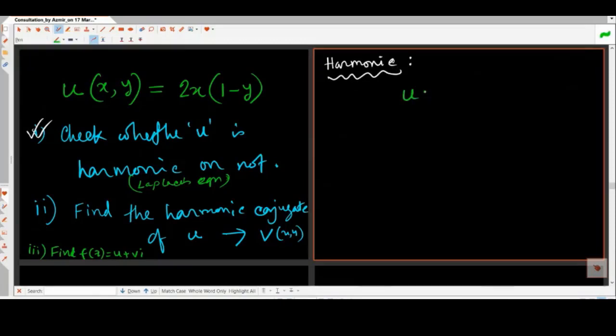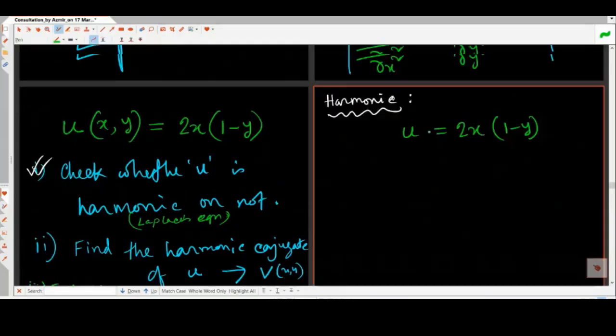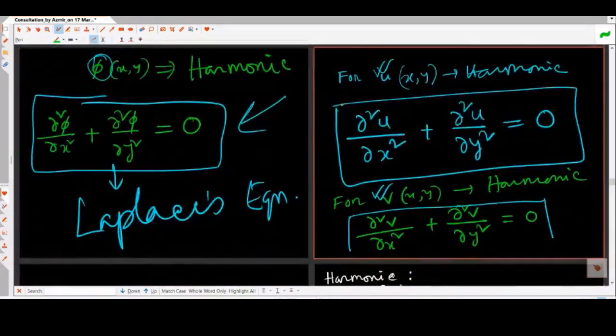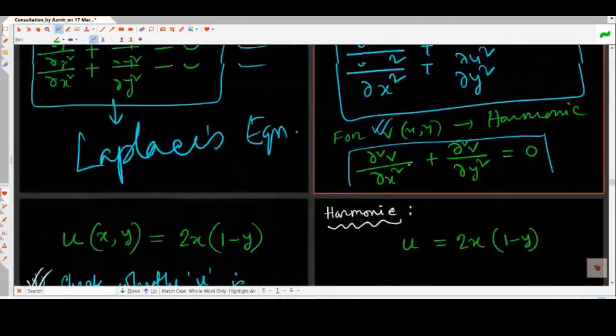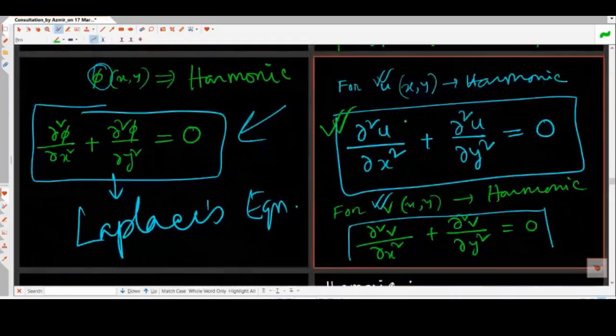So the u function is 2x times (1 minus y). If u is harmonic, then u will satisfy this equation, which is known as Laplace's equation. You can understand that this defines the second order partial derivative of u in terms of x, and this is the second order partial derivative of u in terms of y.